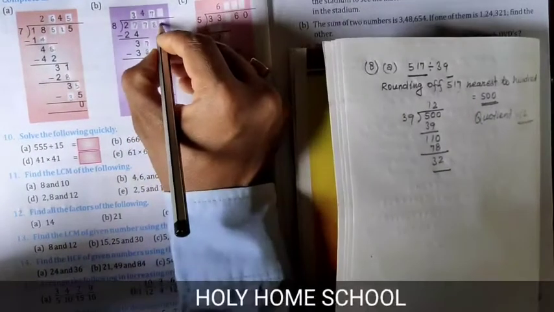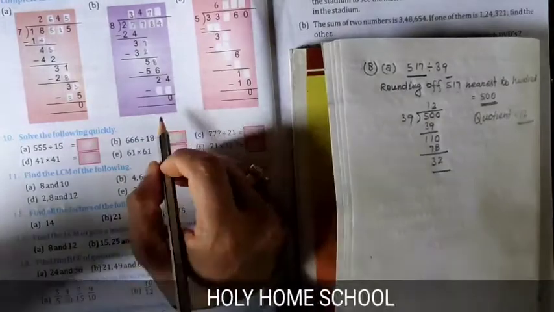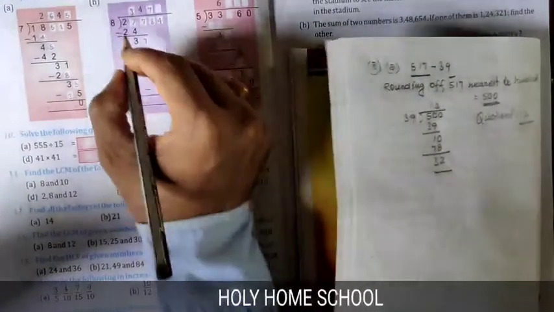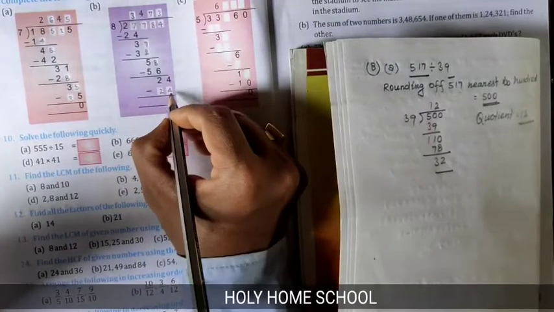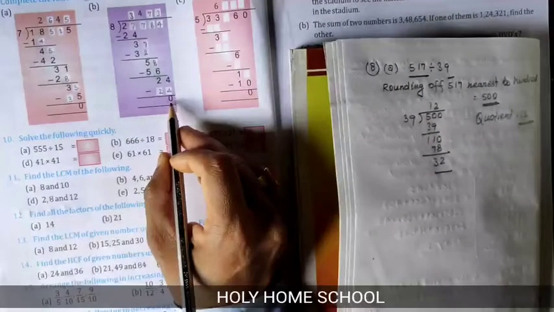It means here we put 4, and 8 3s are 24 to get the remainder 0.